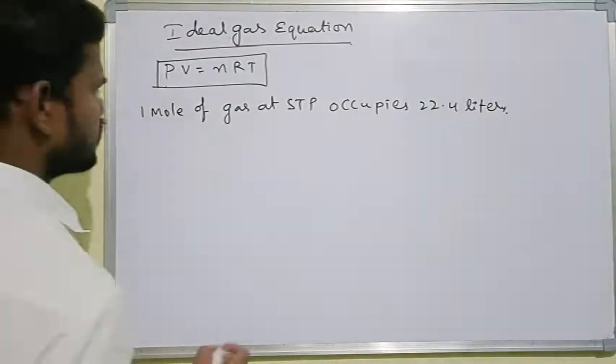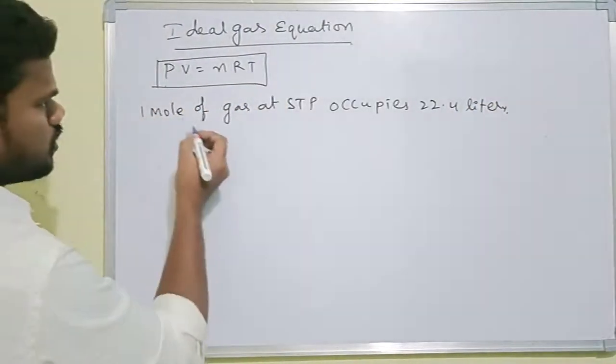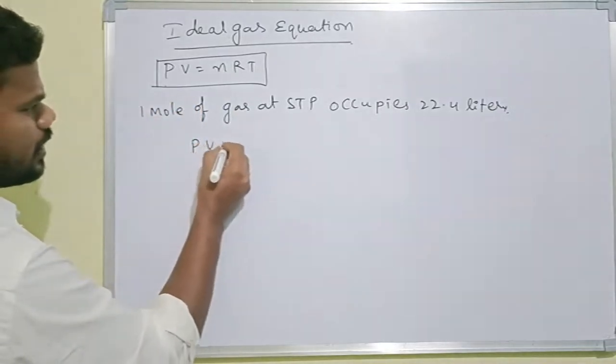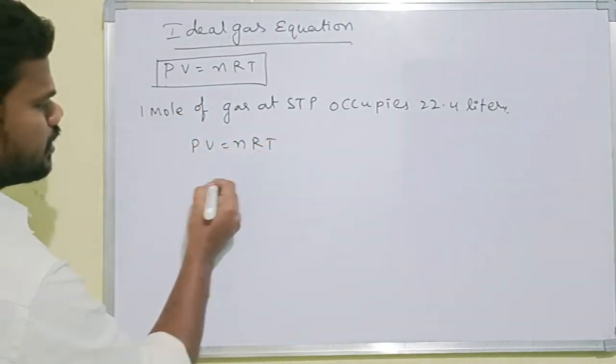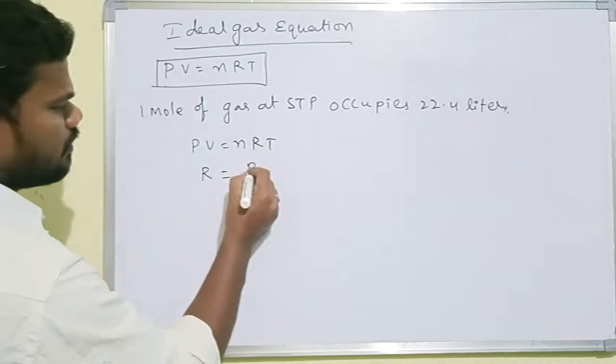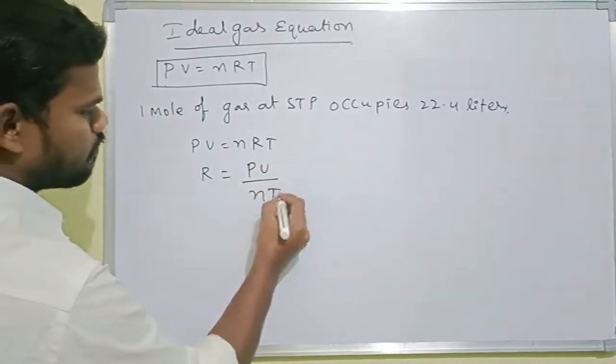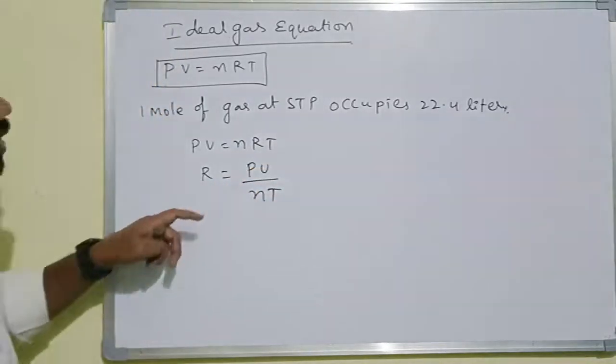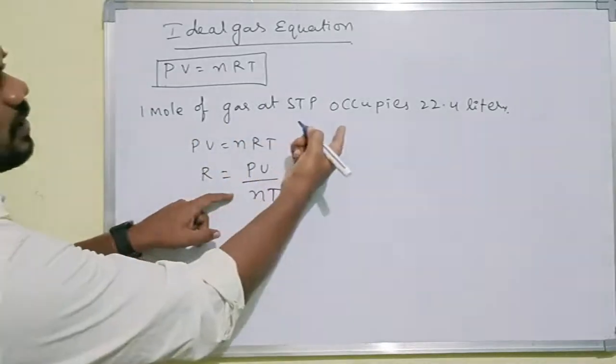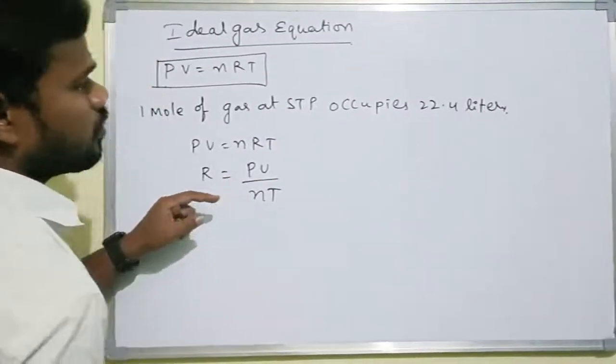Now from PV equals nRT, R equals PV by nT. For 1 mole of gas at STP, the volume occupied is 22.4 liters.